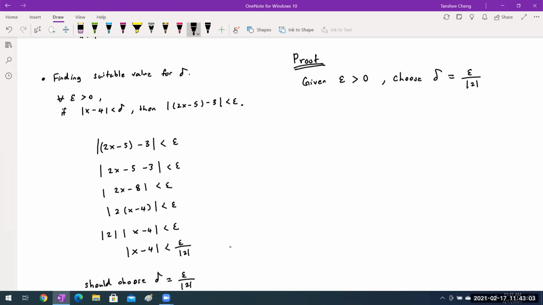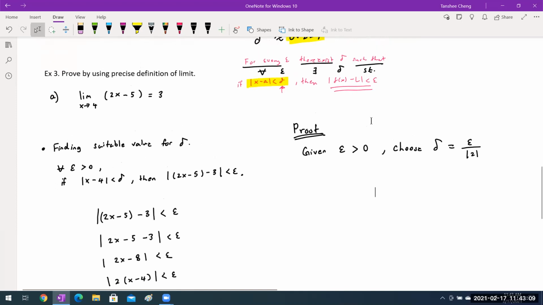Remember that this is a conditional statement. When we are proving it, the theorem and the definitions are conditional statements. So we have to start from the conditional part to reach the goal that we want.